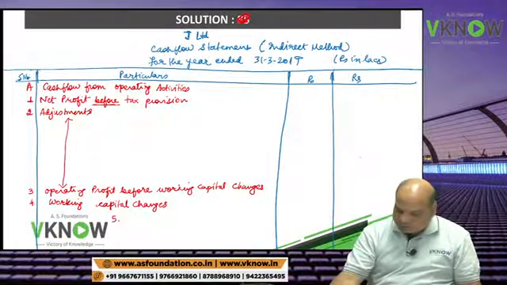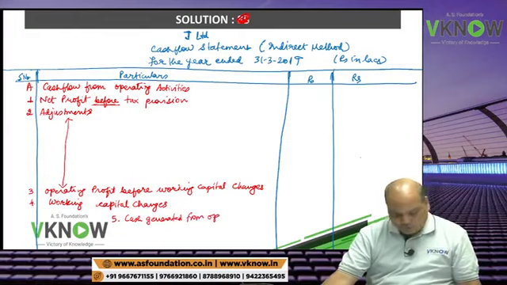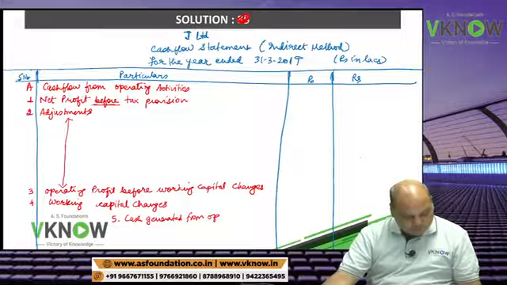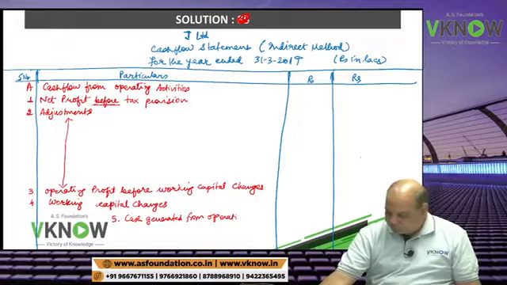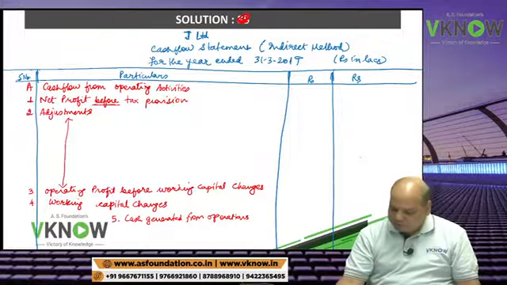Point number 5, write down cash generated from operations.